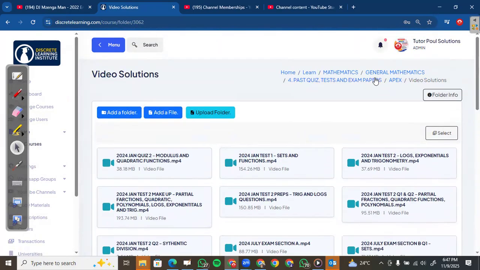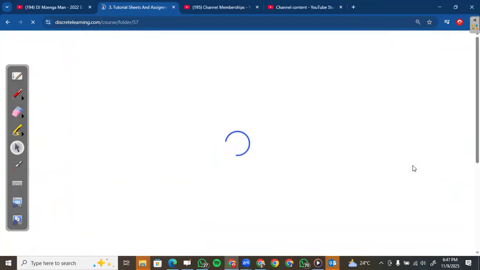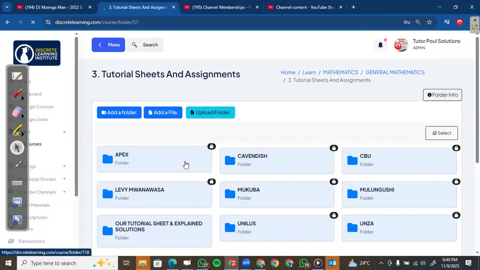If you want, you can also check out the tutorial sheets. We have videos for all the tutorial sheets. Let me show you the folder for the tutorial sheets. You open the folder for the tutorial sheets here, and then you go to Apex.